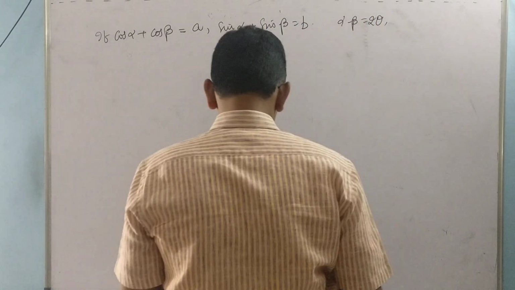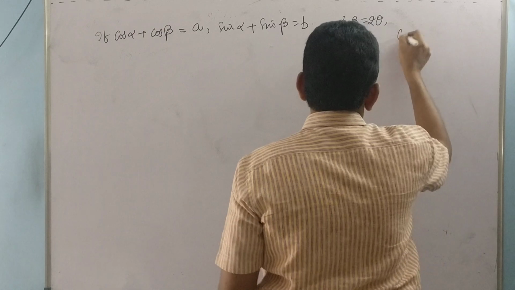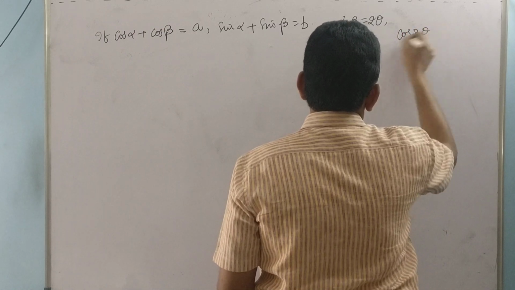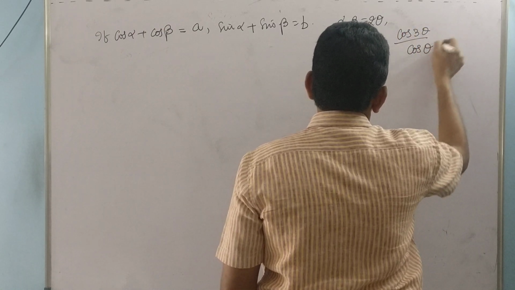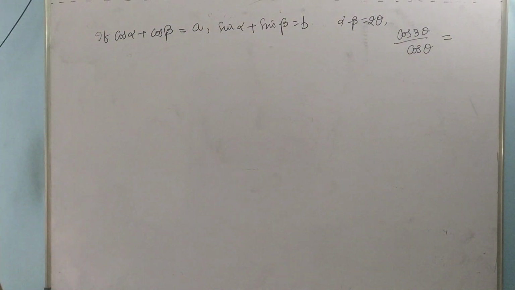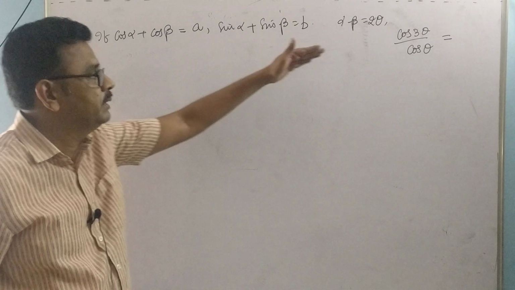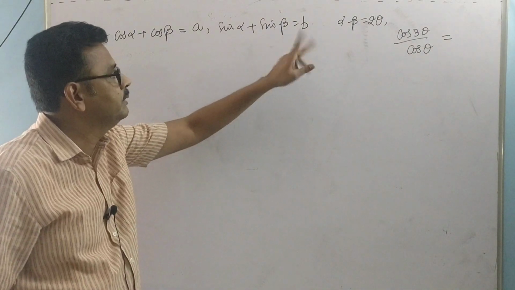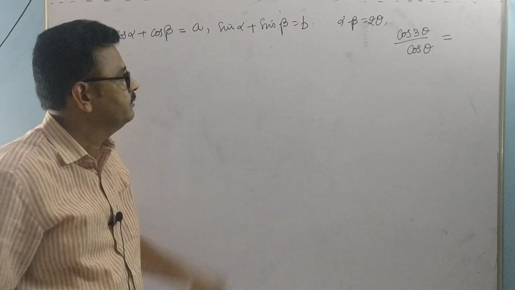Then cos 3 theta by cos theta is equal to, in terms of A and B.